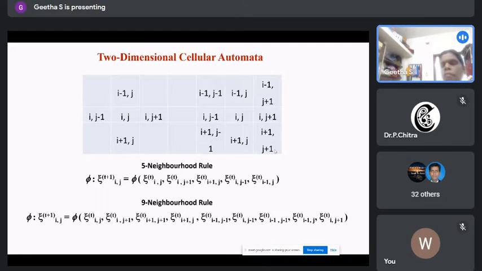So at time t+1, they are all changed at the same time. The 9-neighborhood formula is applied simultaneously. It is most important in two-dimensional cellular automata.